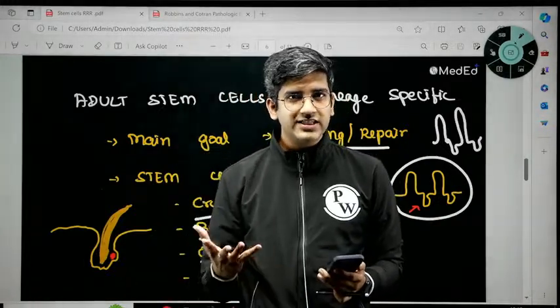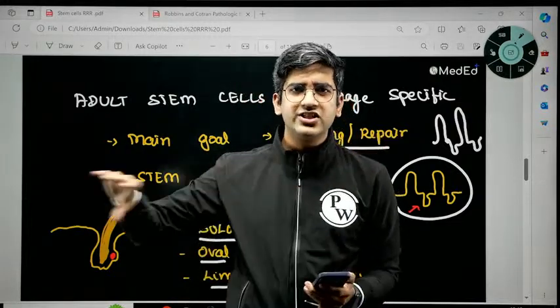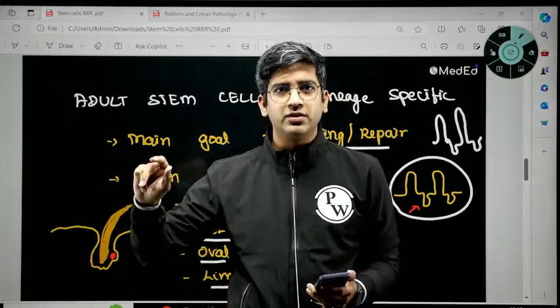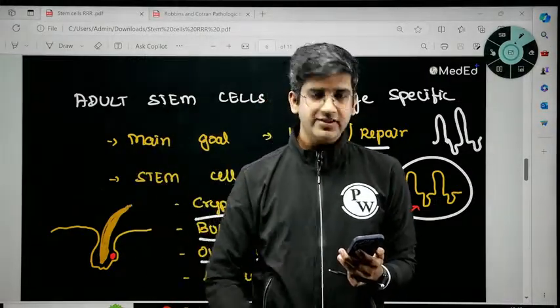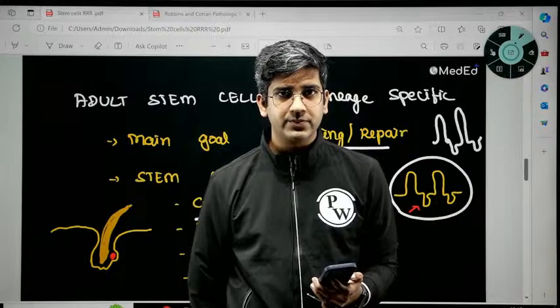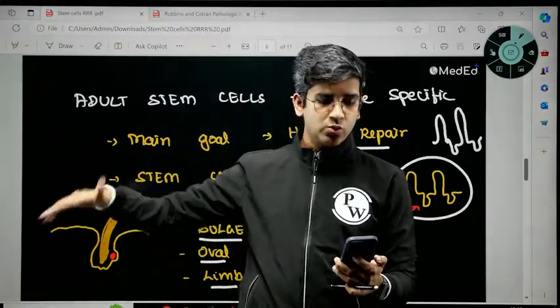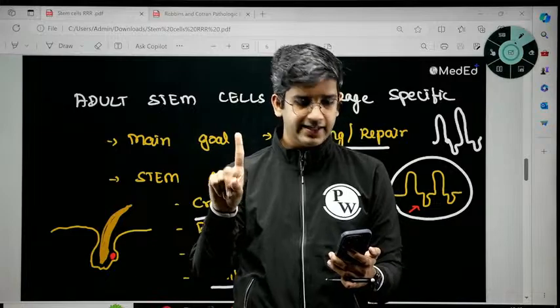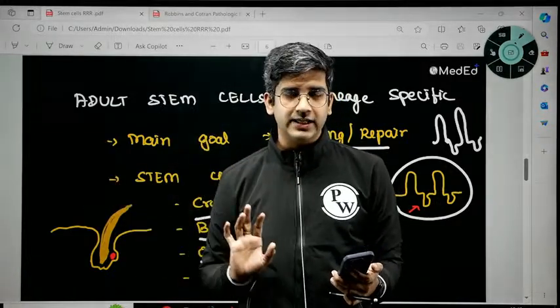The function of villi is simple. It helps in absorption. If the entire villi is destroyed, there is no absorption. How do you think the patient will present? No absorption, so everything the patient eats goes outside, resulting in diarrhea. Am I right in saying that? Or a malabsorption diarrhea. Fine.